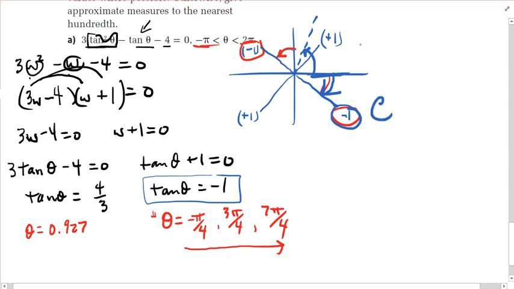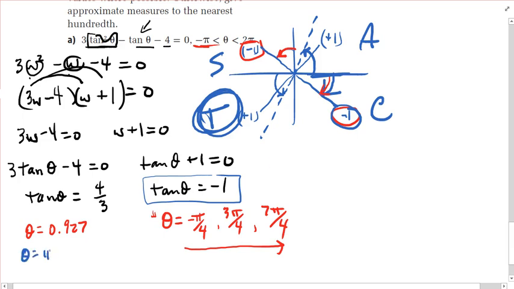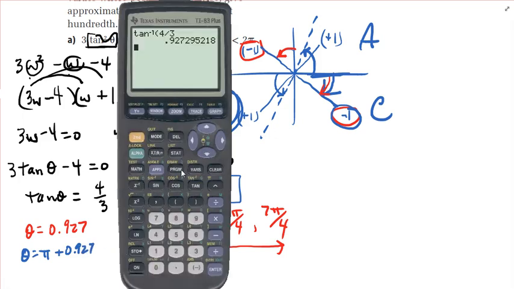Well, the CAST rule says this. So tan is positive over here as well. So guess what? We're going to use this 0.927 as a reference angle, and we're going to find this one. Okay? And that's going to be pi plus 0.927. That's going to be our other angle there.